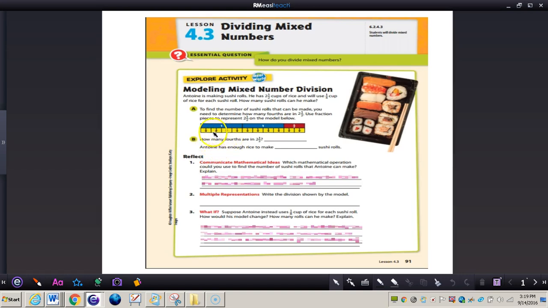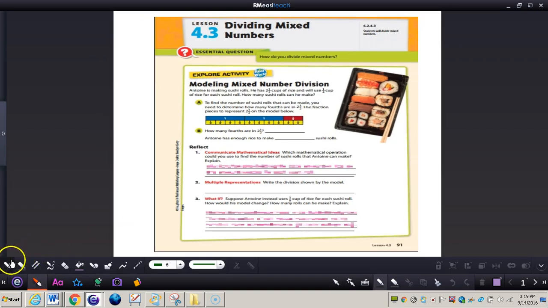Okay, so if there are 4 fourths in 1 whole, 8 fourths in 2 wholes, we can see there are 10 1/4 pieces in 2½. Okay, so how many fourths are in 2½? We can see that there are 10. It's very easy to see right there in front of us. So we can see that he has enough rice to make 10 sushi rolls.